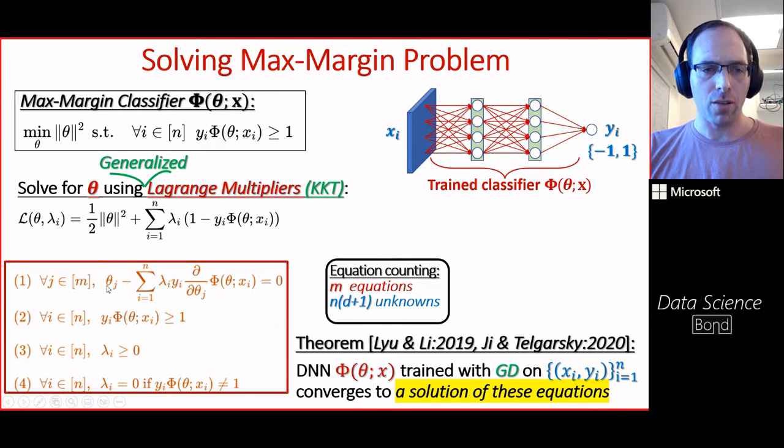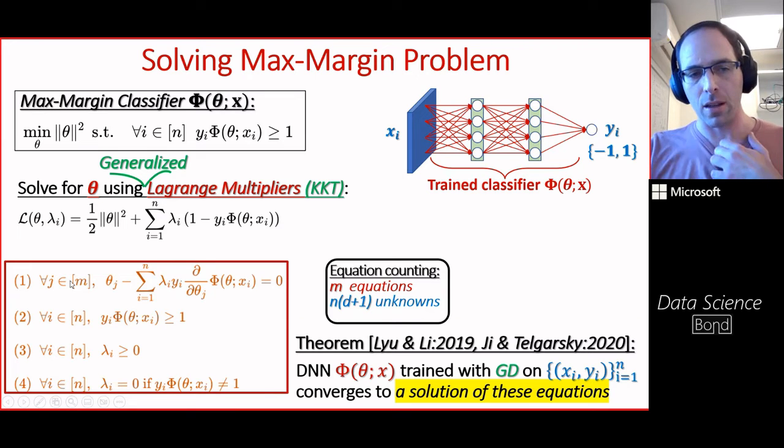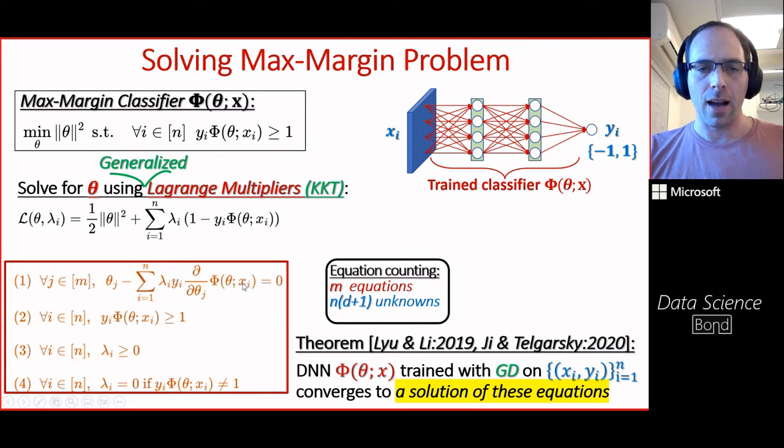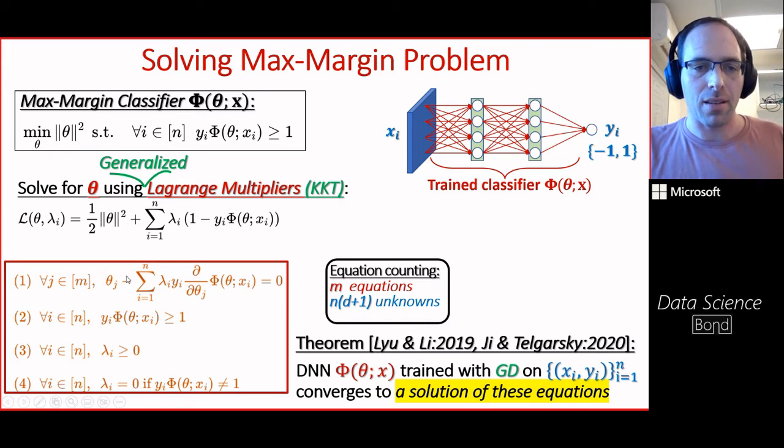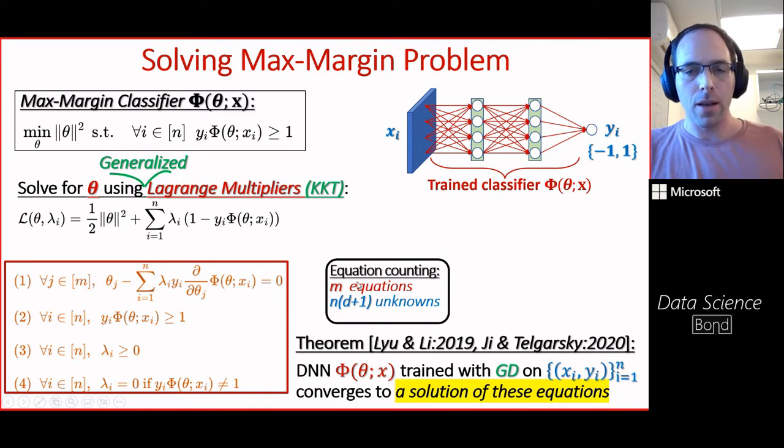So we have m equations, where m is the number of parameters in the network, the number of parameter scalars in the network. And how many unknowns do we have? We have the xi's and the lambda i's. Xi is going to be of some dimension d. Lambda is a scalar, and we have n of them.